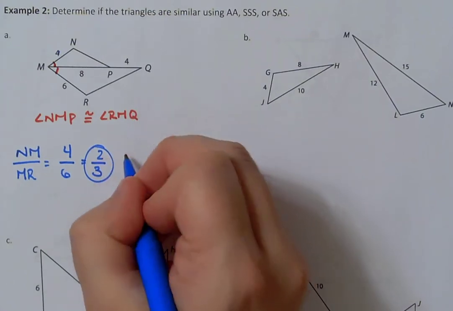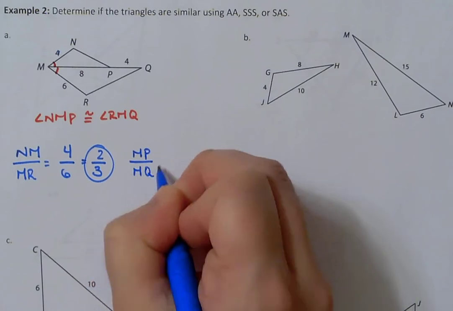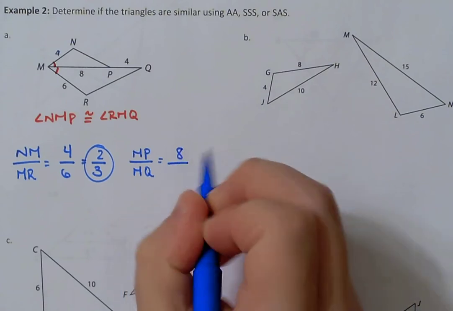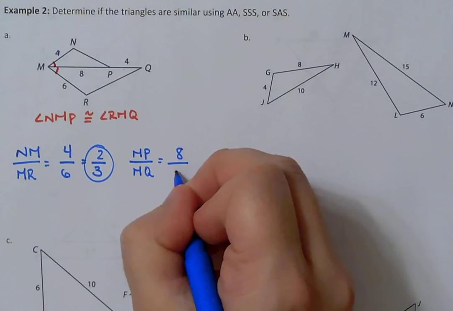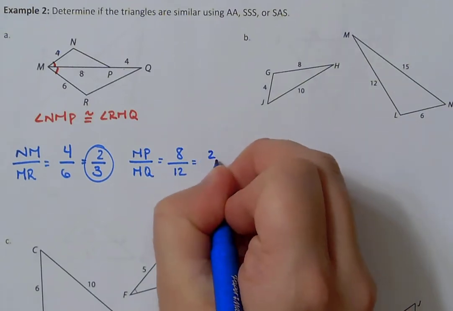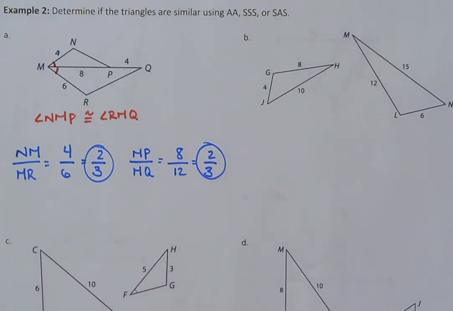So if we have MP over MQ, MP is 8, and then MQ is the whole thing, so that's going to be 8 plus 4, so it's going to give us 12. So 8 over 12 is going to simplify down to 2/3. So I know that both sets of sides are proportional to each other.